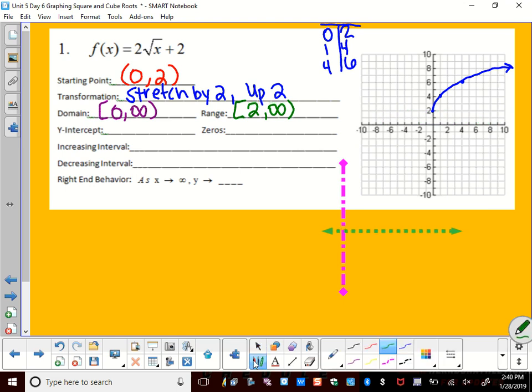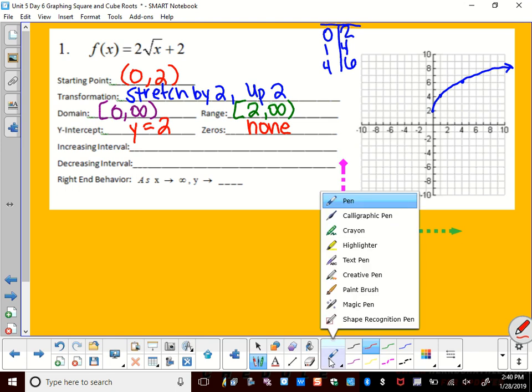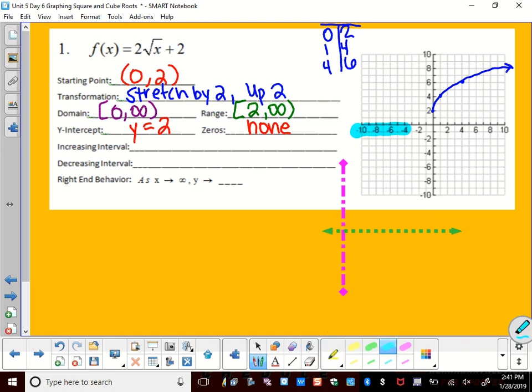Alright, my y-intercept. Where am I crossing the y-axis? So y equals 2, or you can write 0, 2 if you want to write it as a point. Do I have any zeros? Am I touching the x-axis? No. Increasing and decreasing intervals: remember we're only looking at your x values.